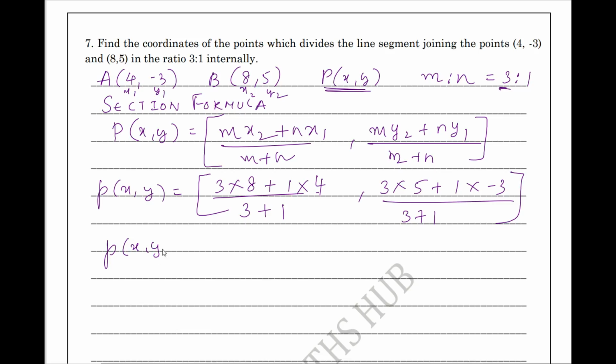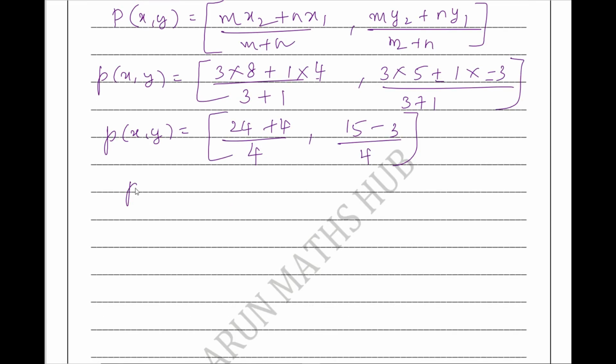Now P of (x, y) equals 3 into 8 is 24 plus 1 into 4 is 4, divided by 3 plus 1 is 4, comma, 3 fives are 15 plus 1 into minus 3, which is minus 3, divided by 4. Now P of (x, y) equals 24 plus 4 is 28 by 4, comma, 15 minus 3 is 12 divided by 4.